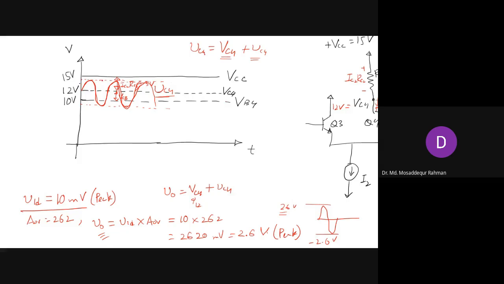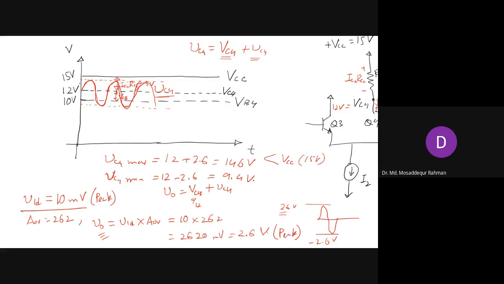What you see is that the maximum value of the collector voltage, VC max, is 12 plus 2.6, which is 14.6 volt. And the VC4 minimum value will be 12 minus 2.6, which will be 9.4 volt. Now, VC max is less than VCC, which is 15 volt.